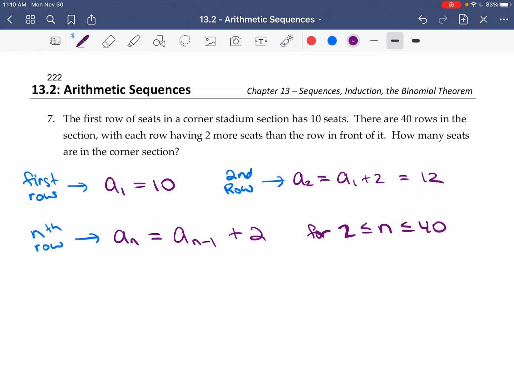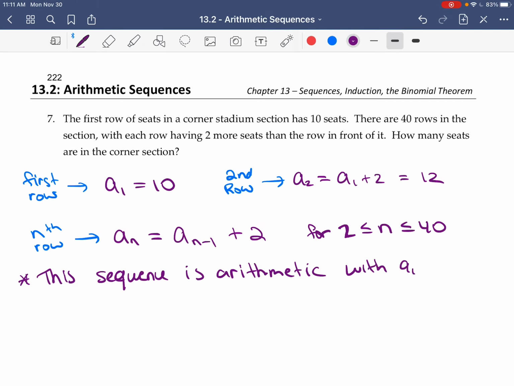This is an arithmetic sequence. Look at the definition: it's a recursive formula, and between terms we just add 2. So it's arithmetic with a_1 equals 10 and d equals 2, because we're adding 2 each time.